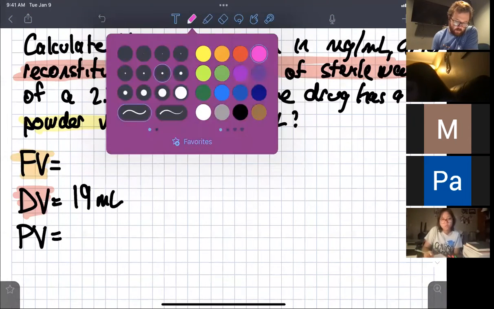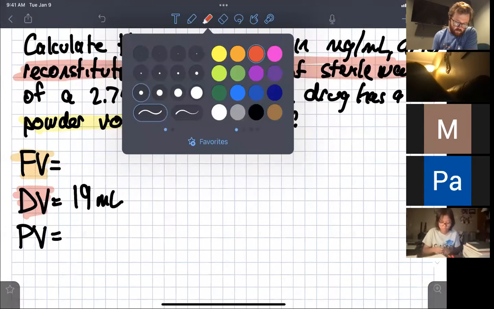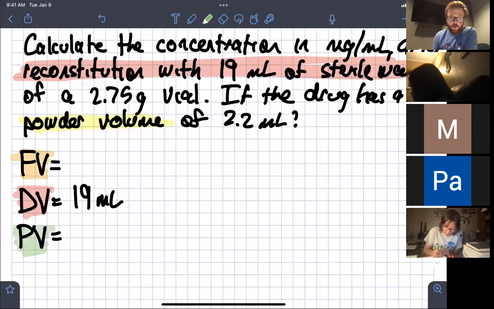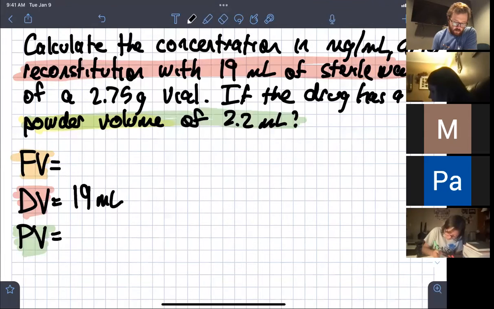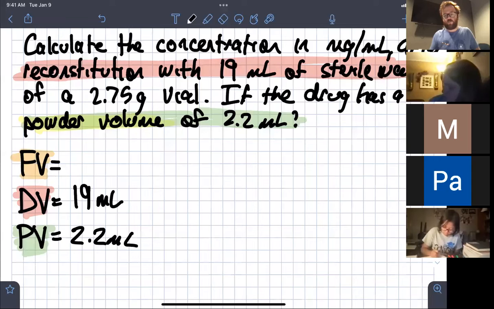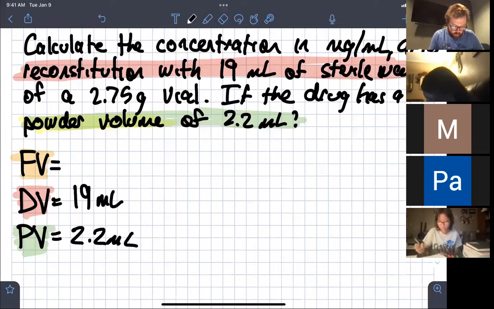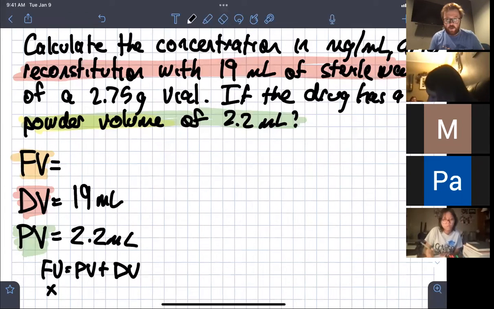Next color, I'm going to do PV. Looking through that problem, do I have PV in that problem? Yes, I have it right here. What is my powder volume? 2.2, right? So if I have an equation that is FV equals PV plus DV, and I'm solving for this, do I have enough parts to solve that?